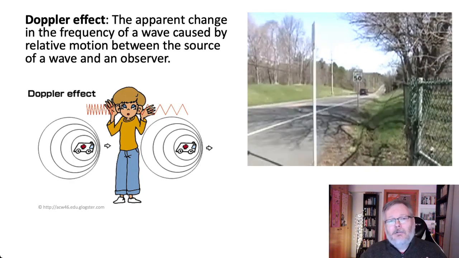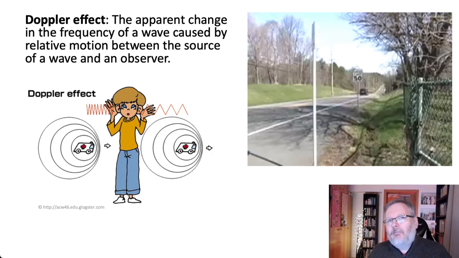So you may well be familiar with the experience of a vehicle making a noise, going past, and it approaches with a relatively high pitch and then moves away from you with a relatively low pitch. So something like this, as the tradition has it.